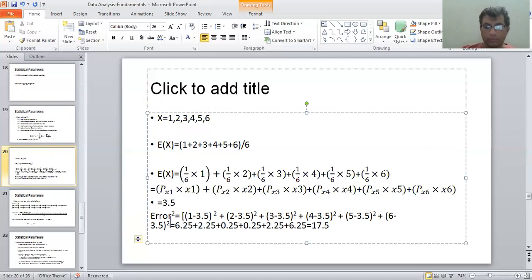So multiplying this result by 1 by 6, or dividing all the things by 6, so 17.5 divided by 6, is divided by 6 and multiplied by 1 by 6. So please note this thing.